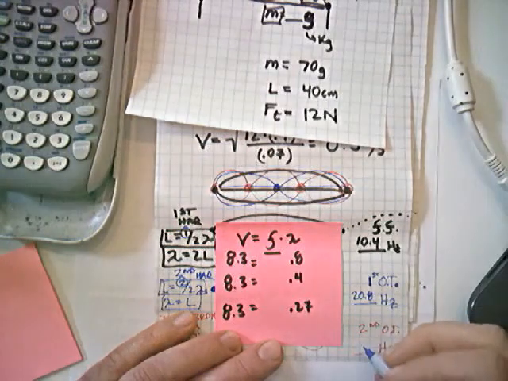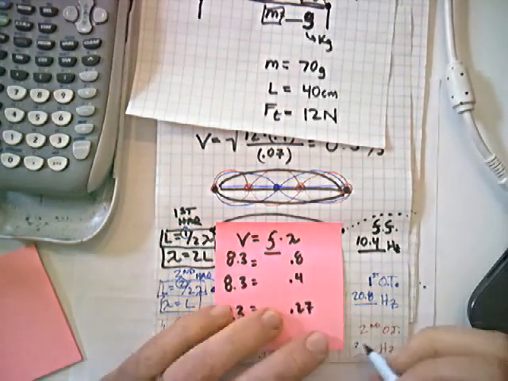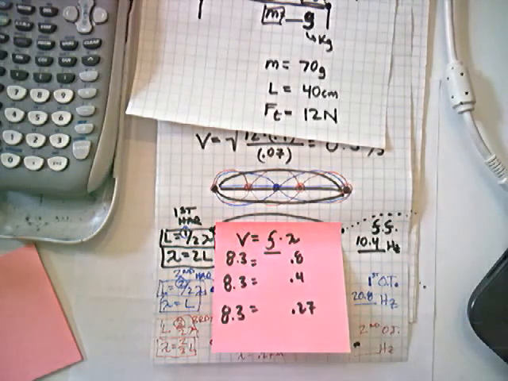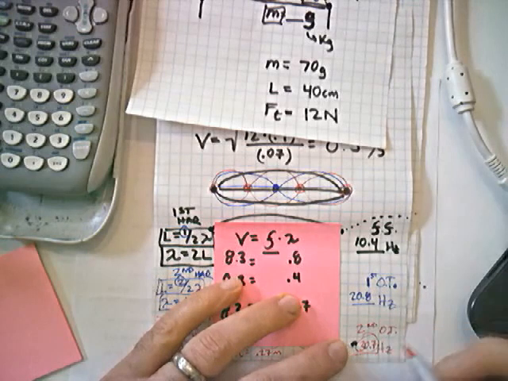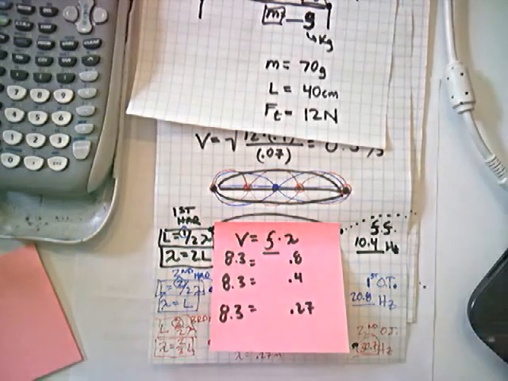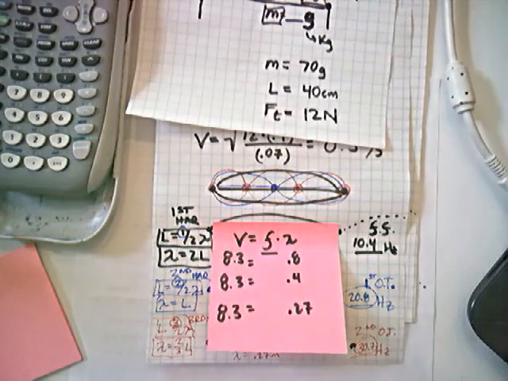And we get 30.7. You should see that it's going up each time. It goes up a little bit more each time. Maybe one of these days I'll get the right color. 30.7.